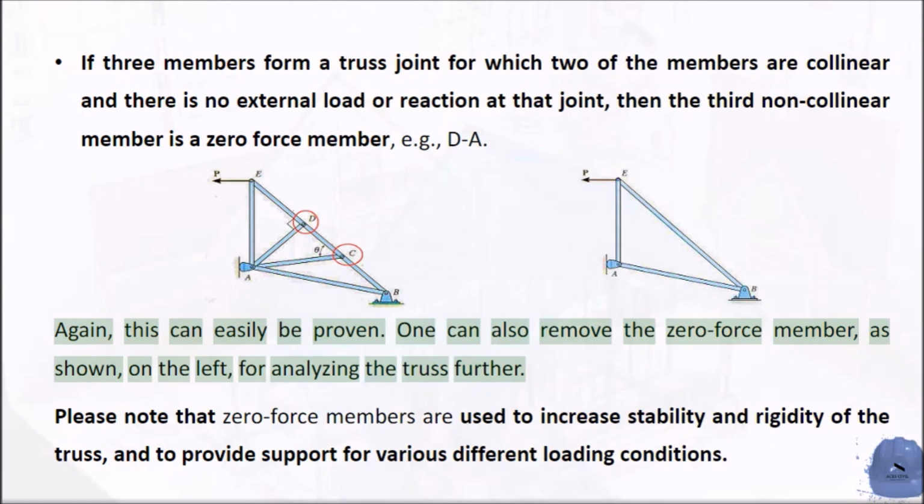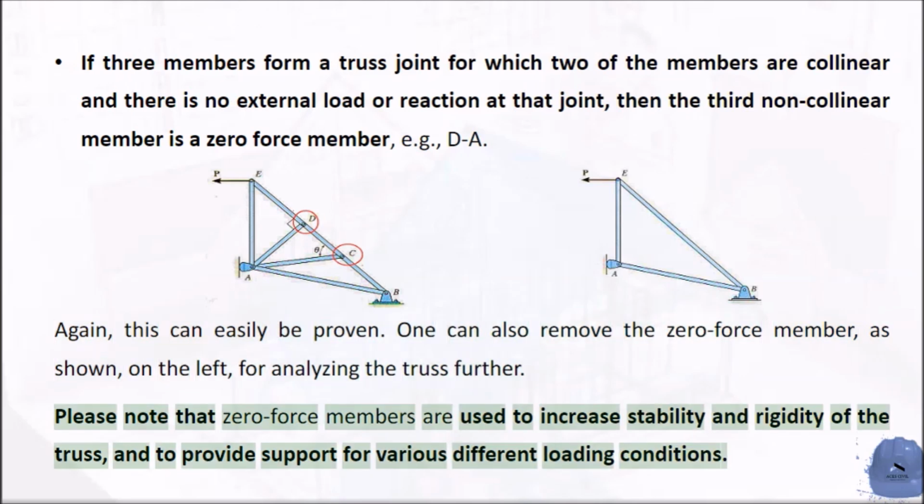One can also remove the zero force member, as shown on the left, for analyzing the truss further. Please note that zero force members are used to increase stability and rigidity of the truss, and to provide support for various different loading conditions.